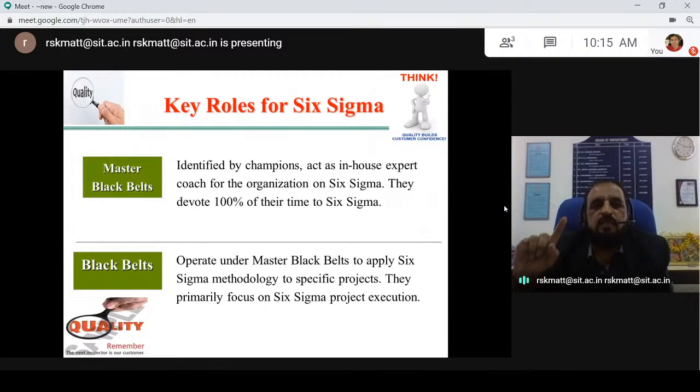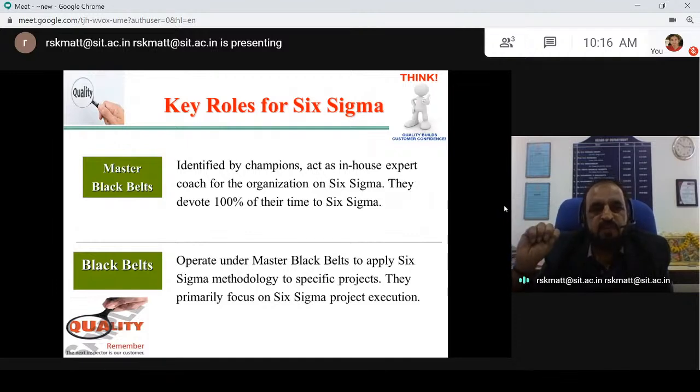They devote 100% of their time to Six Sigma. They are called master black belts. In Toyota Gosei, they have 10 master black belts in their company. Toyota Gosei is the sister concern of Toyota. They produce some of the parts required, plastic parts, the polymer parts required for Toyota companies.